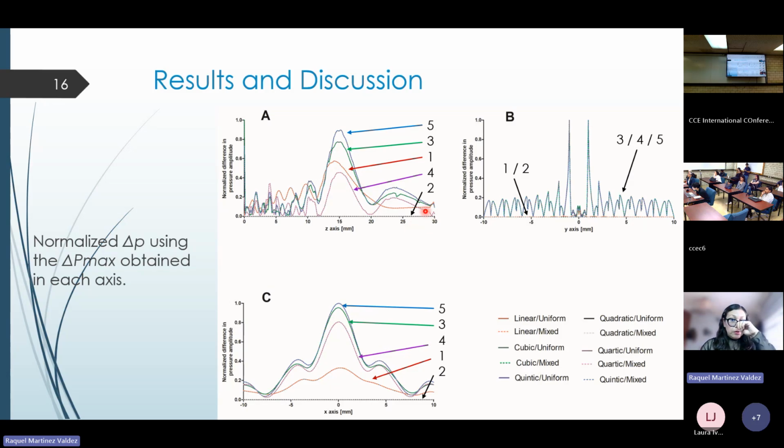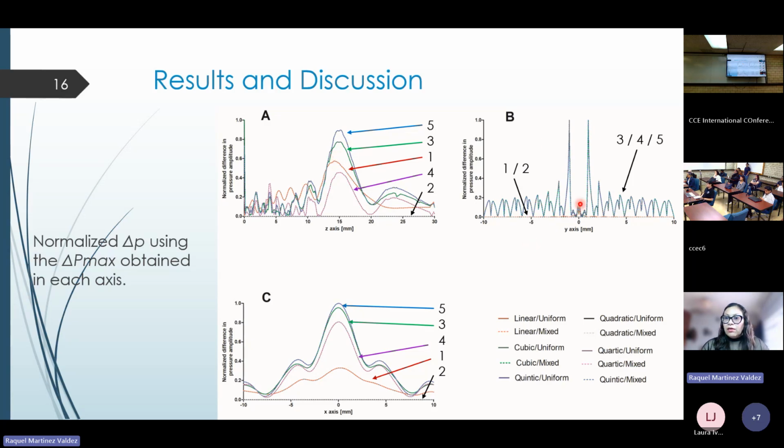But for the others, for example, the cubic, quartic, and quintic, the beam pattern remains practically the same, just changing a little bit the amplitude. But in the linear one, there's a shift of the focal point.